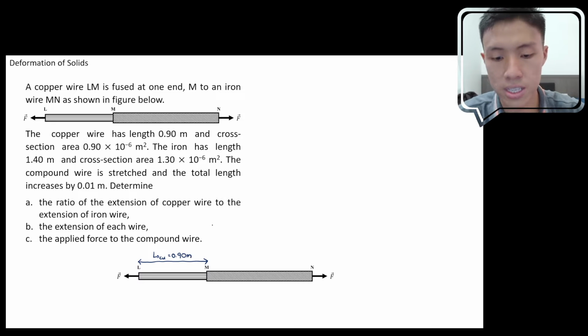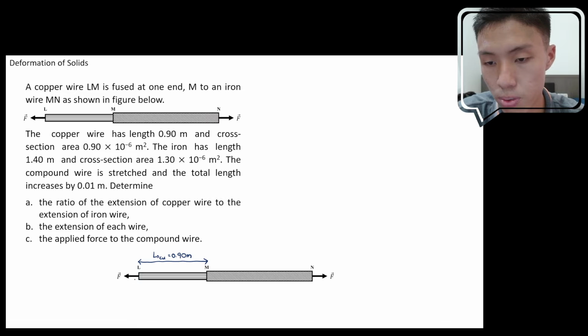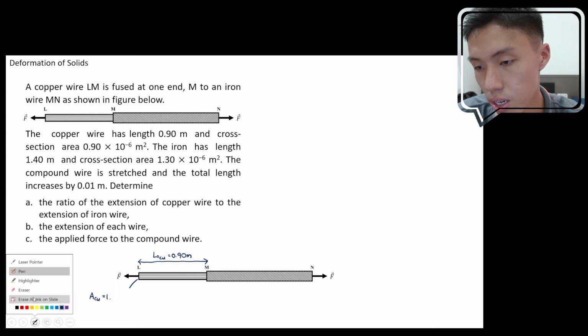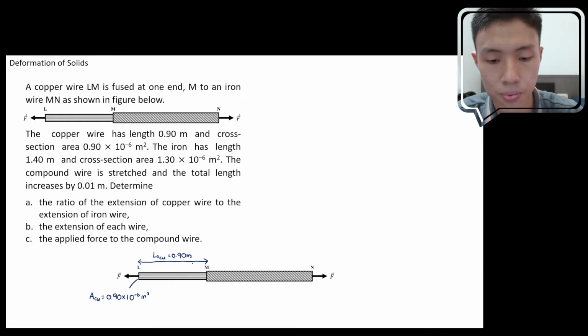And they tell us that this copper wire also has a cross-sectional area of 0.90 times 10 to the power negative 6 meters squared. So this will be the cross-sectional area of copper, 0.90 times 10 to the power of negative 6. That's for LM. Okay, continue.